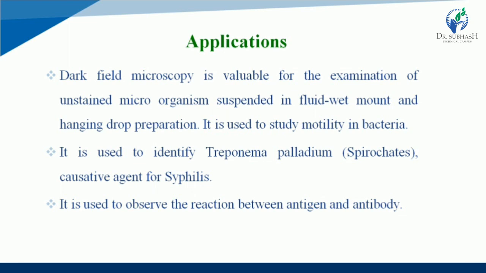So let us discuss what the wet mount method is. In wet mount preparation, a sample is prepared by placing a drop of microbial suspension on a slide and then covering the slide with a thin square glass called a cover slip, placed in a fashion that air does not remain entrapped in between.